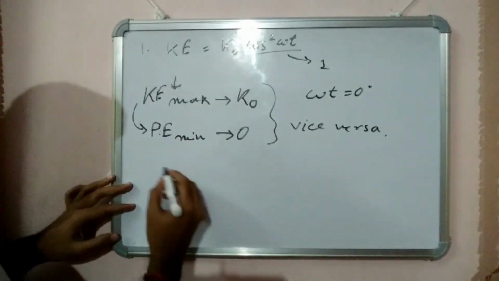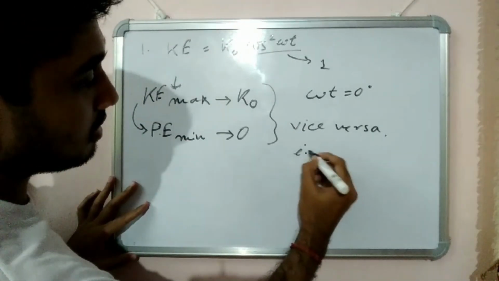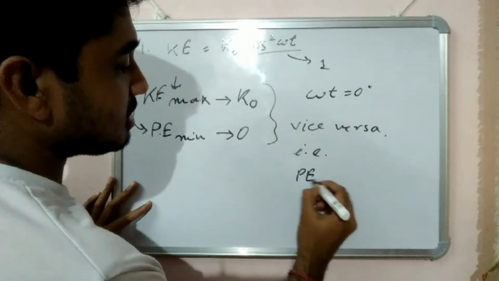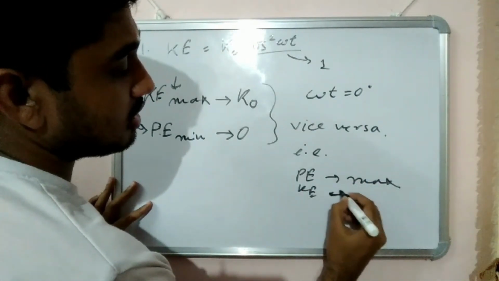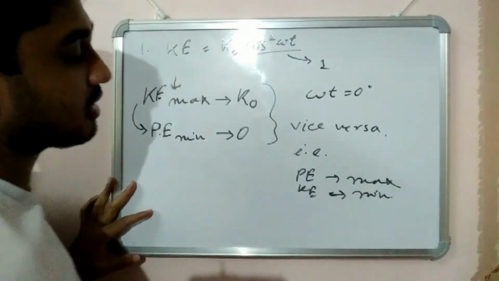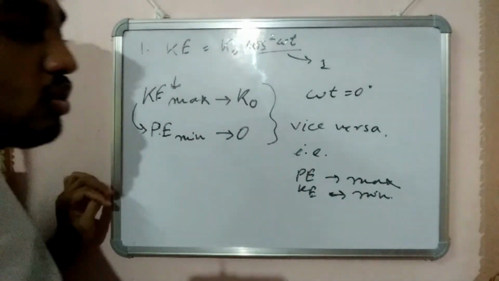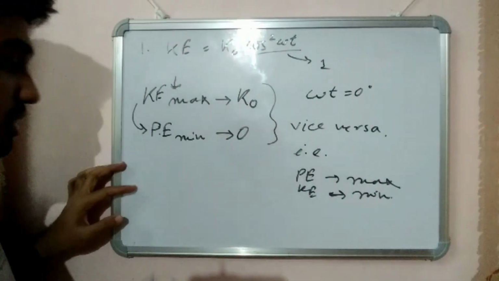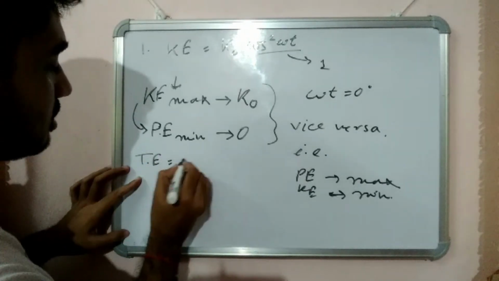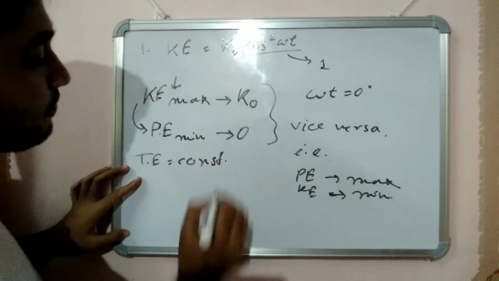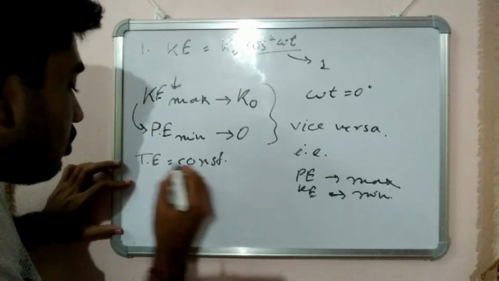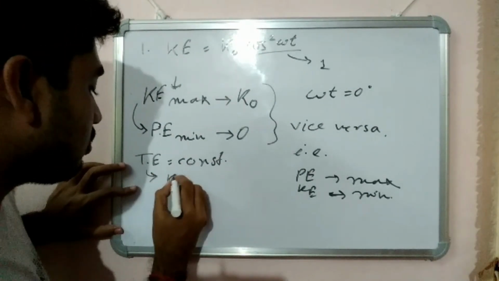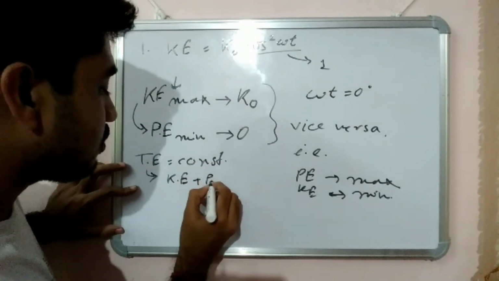That is, when potential energy is maximum, kinetic energy will be minimum. So as the total energy remains constant, total energy is equal to constant. So the maximum potential energy, total energy, we can write total energy is equal to kinetic energy plus potential energy.